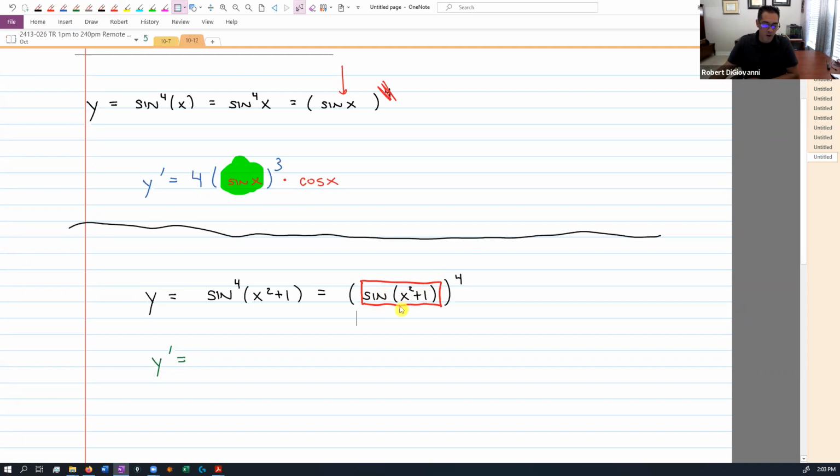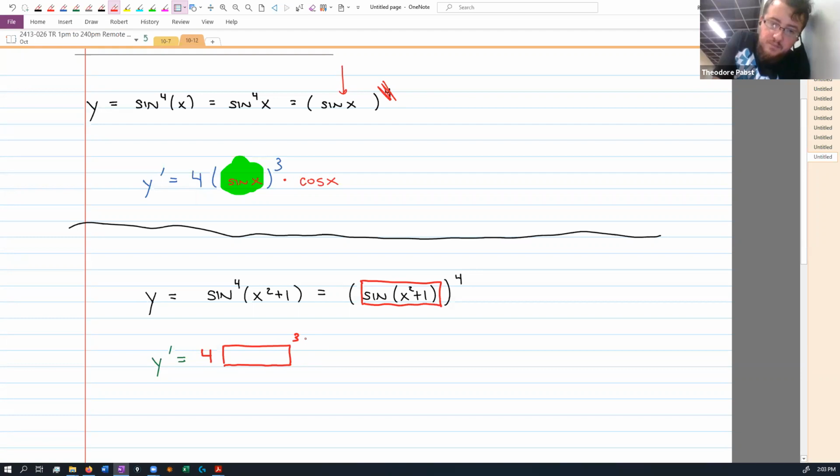What is the derivative of a red box to the fourth power? 4 red boxes to the third. That's what I'm going to have.